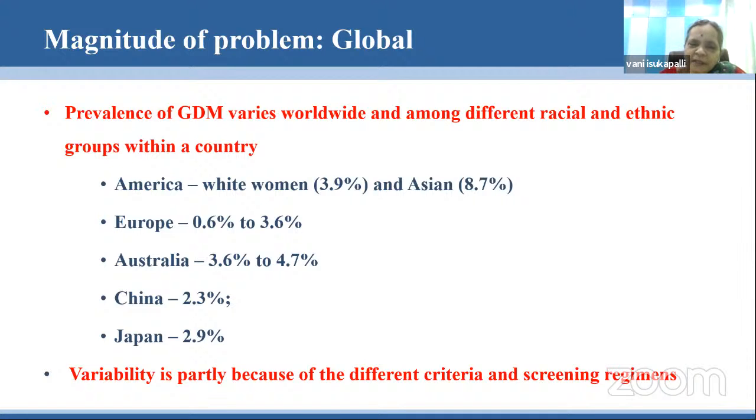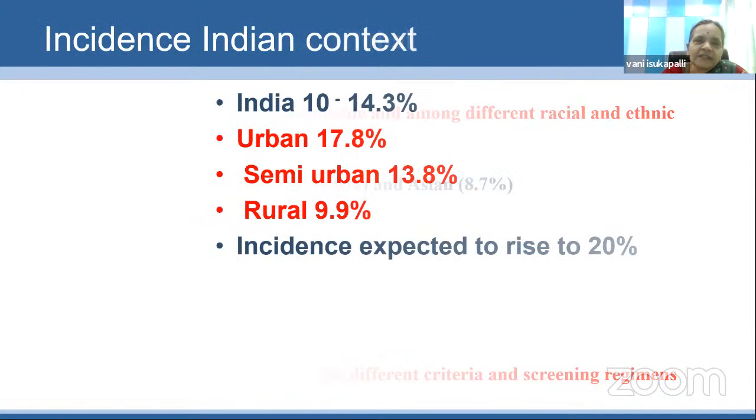In China and Japan, around 2+%. The variability of this different prevalence or incidence is partly because of the different criteria and screening programs those countries are practicing. So probably that could be the reason why the incidence is so much varying within different countries.